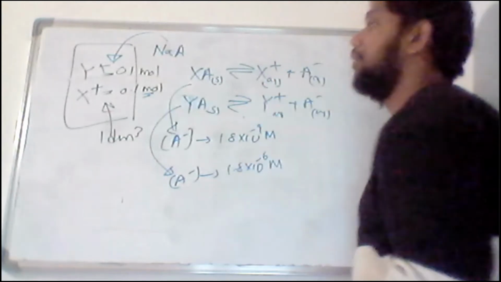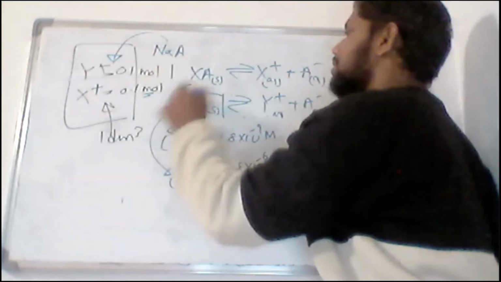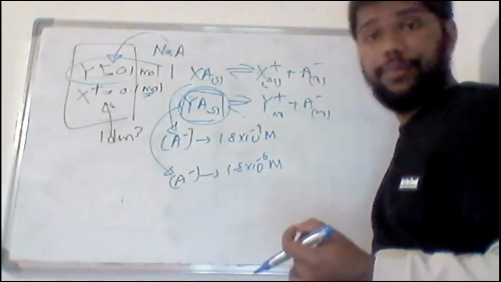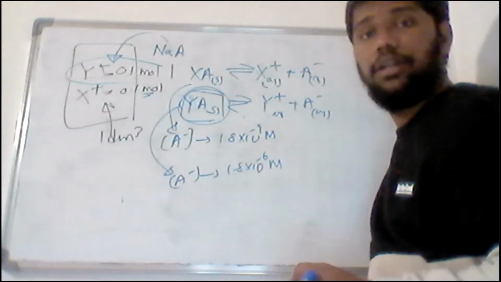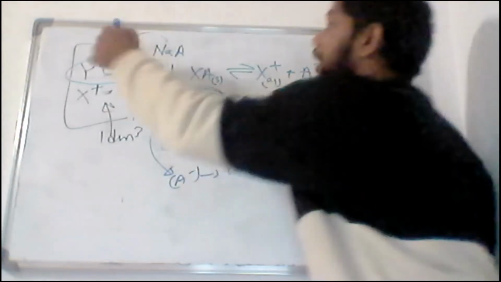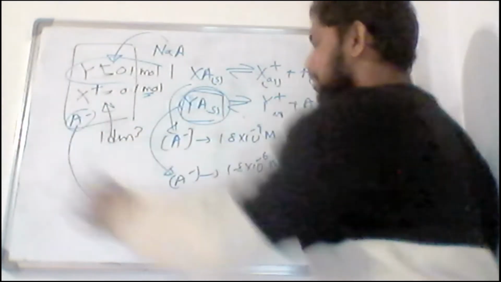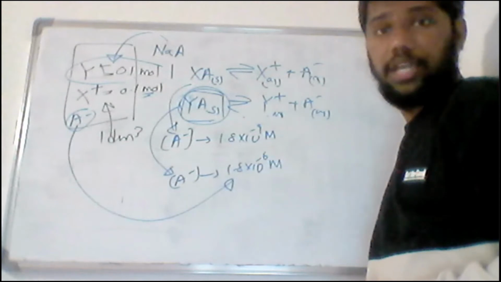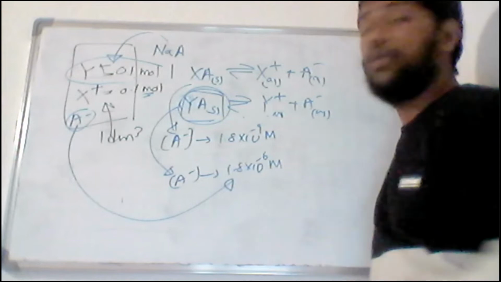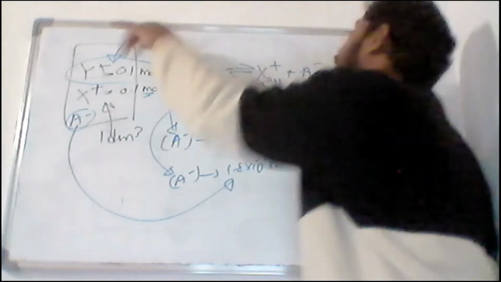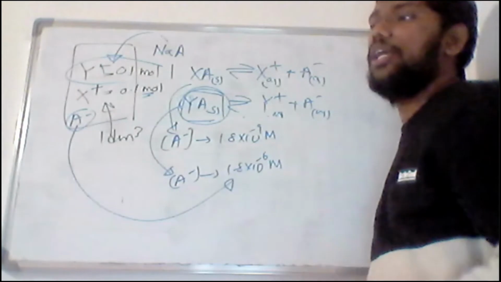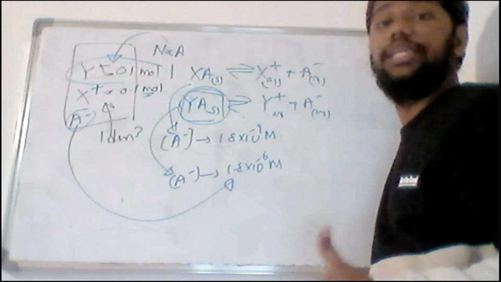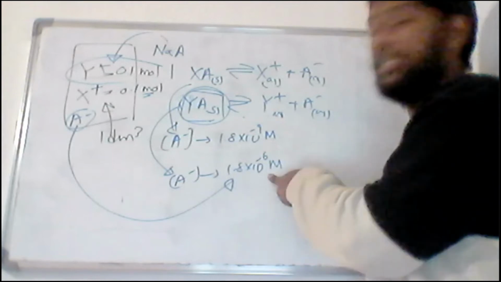Now when the second precipitation starts to happen, the concentration of A minus in the solution is 1.8 into 10 to the power minus 6. Okay, you cannot say it is 1.8 into 10 to the power minus 9, because you keep adding, and finally in the solution, the A minus concentration when the second precipitation starts should be this value.